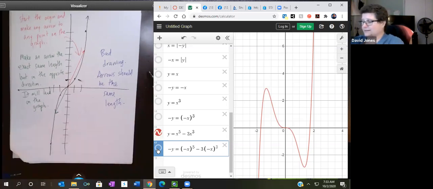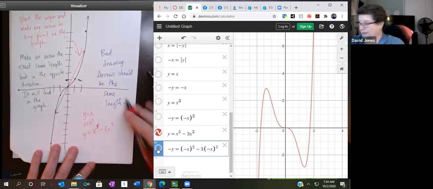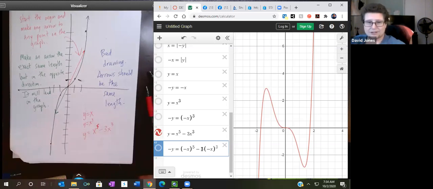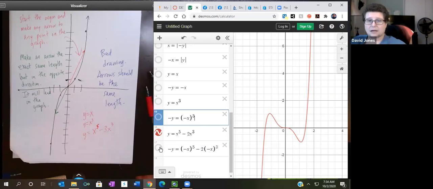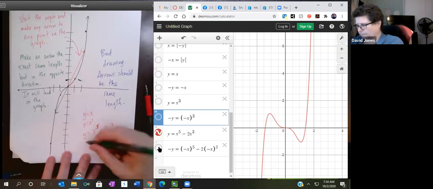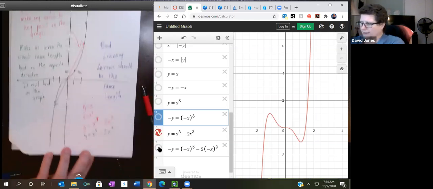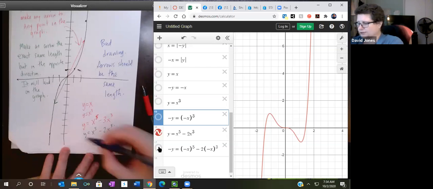Graphs that have this, y equals x cubed. Well, you just saw me do y equals x to the 5th minus 3x cubed. Does it matter that that's a 3? What if I change this to a 2? Same. What these have in common is all the exponents are odd.